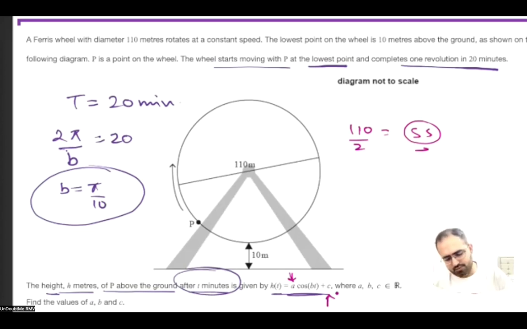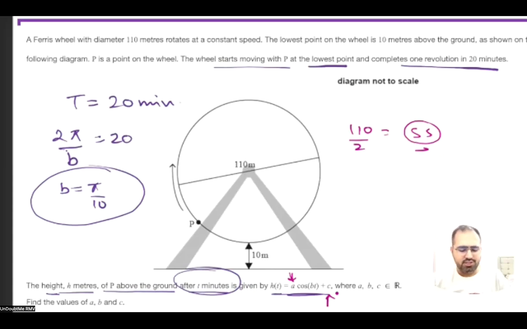The total distance from the radius plus the 10 part. Radius 55 plus 10, 65. That is better. Okay, we can go with that.